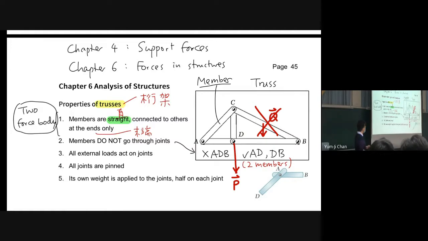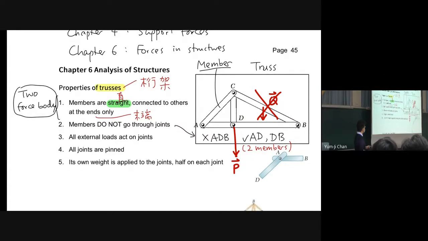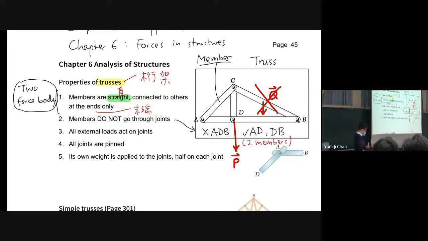Now the next one is all joints are pinned. What is meant by a pin joint and what is meant by not a pin joint? For a pin joint, let's say this is fixed and we have a pin joint here. It means this one can rotate. In chapter 4, we said a pin joint is one where there is rotation between the 2.